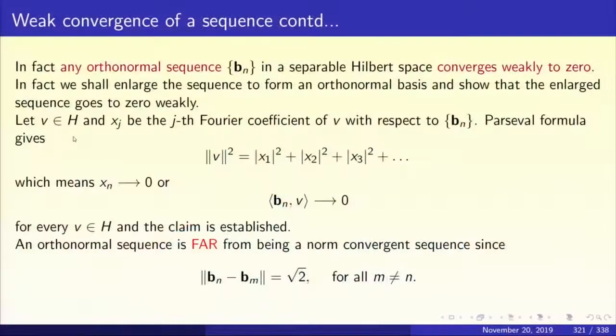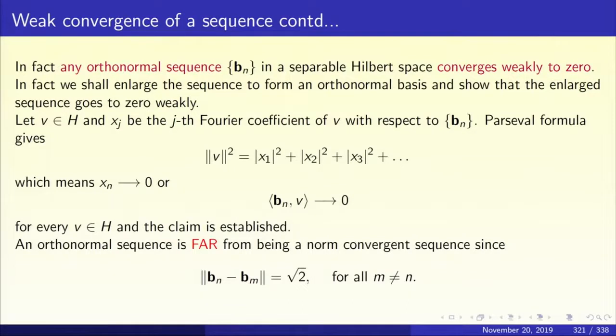Not only will we show that this sequence goes to 0 weakly, we will enlarge the sequence, we will complete it to an orthonormal basis. Remember that a separable Hilbert space has an orthonormal basis. So, we will extend this orthonormal set to an orthonormal basis and show that the extended sequence itself goes to 0 weakly. So, at the outset, we may assume that the sequence of vectors is an orthonormal basis.